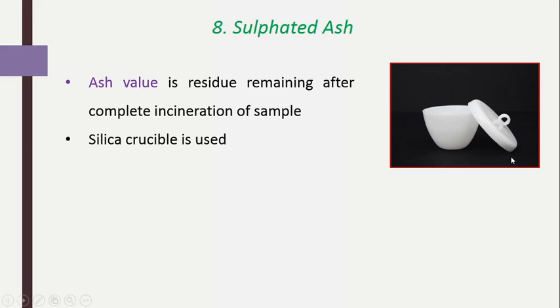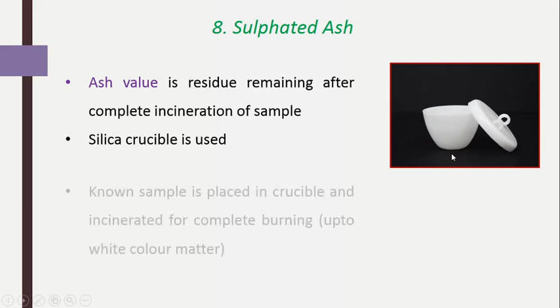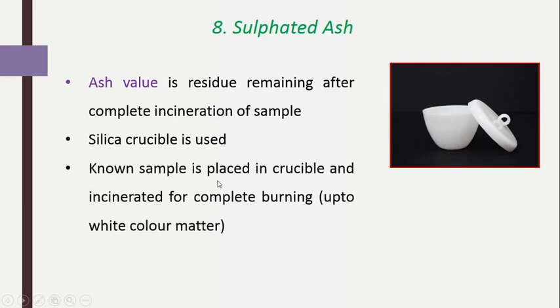For this purpose, a silica crucible or glass crucible is used. The sample is put in it, and it is directly placed on the heat source. The known amount of sample placed in the crucible is incinerated, or burned, until complete burning up to the white colored matter. When you see the white matter, you stop the incineration and check the weight of the ash.